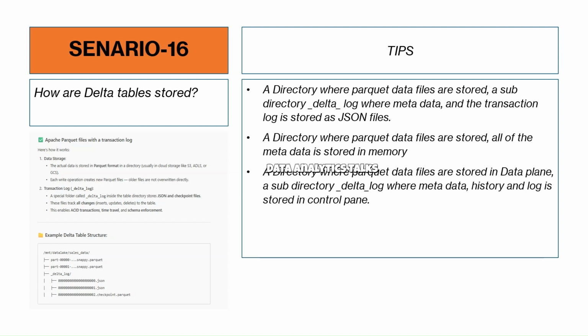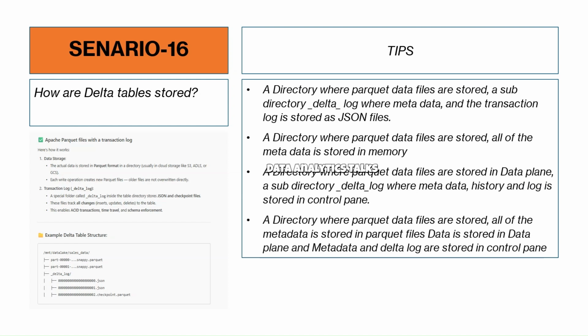A directory where Parquet data files are stored in the data plane. A subdirectory _delta_log where metadata, history, and log are stored in the control plane. A directory where Parquet data files are stored, all of the metadata stored in a Parquet file, data is stored in the data plane, and metadata and delta logs are stored in the control plane.